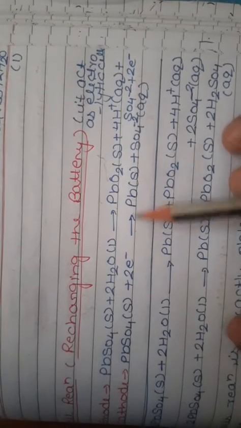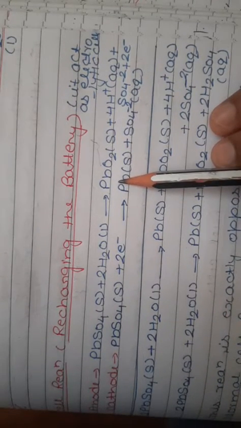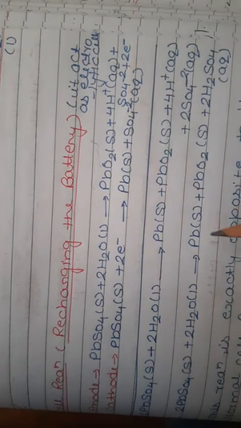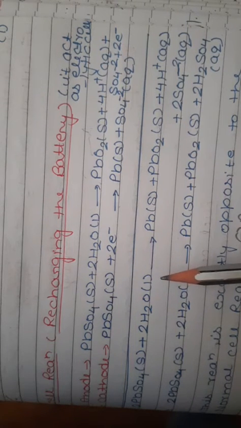All the cell reactions that occur during discharge are reversed, where sulfuric acid is generated and its concentration is increased. During the charging process, the functions of anode and cathode are reversed, meaning the anode works as a cathode and the cathode works as an anode.